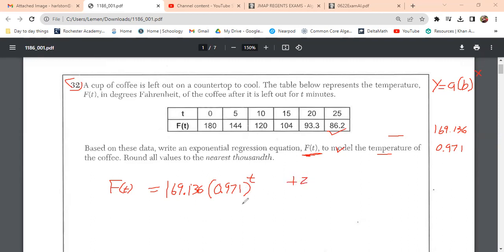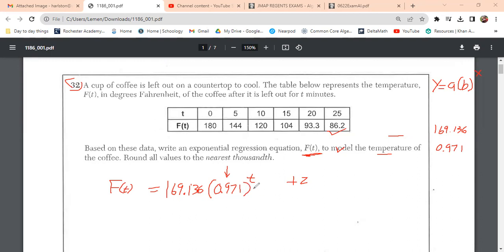Now, Nevaeh, if I were to say, is this increasing or decreasing? Well, you can look at the table and see that it's decreasing, but also if you look at the exponential function, this part in here is less than 1. It's 0.97, about 97 cents.